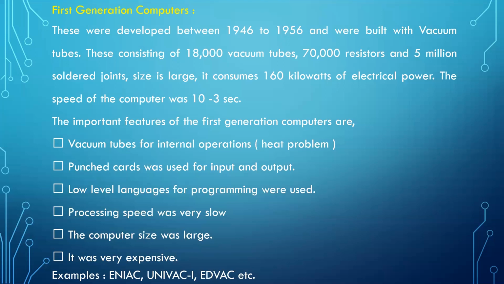The next one is EDVAC, Electronic Discrete Variable Automatic Computer, etc. These are the examples of first generation computers that we have studied in the history of computers in the previous class. Right? This is all about the first generation of computers.